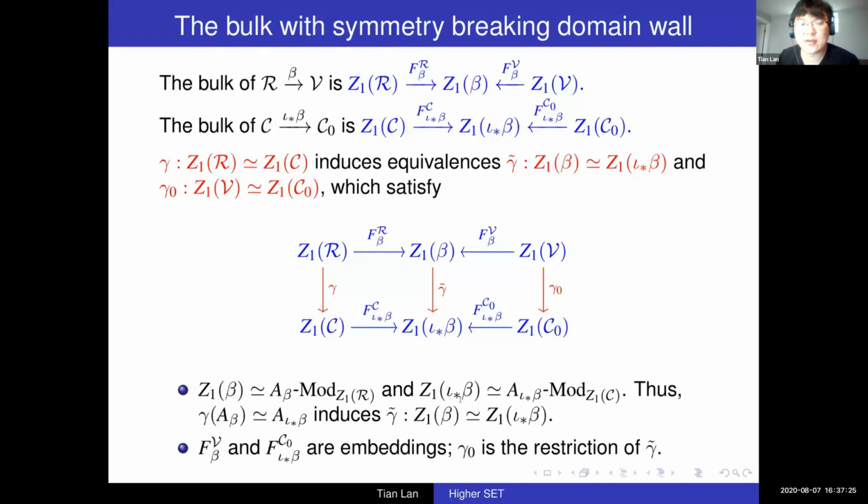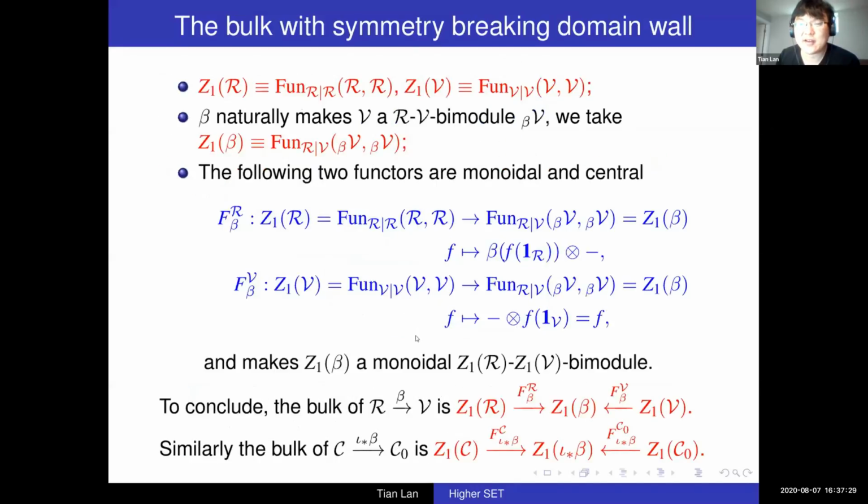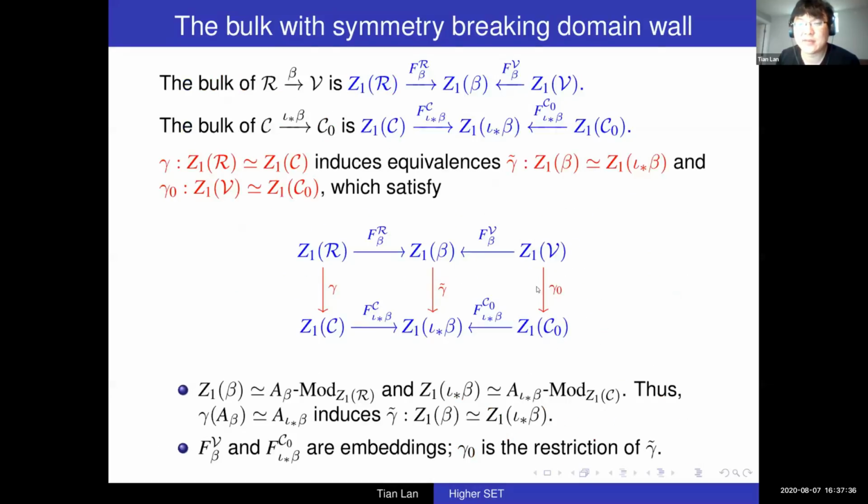And the gamma 0 is much easier, because you can see here that this functor is actually an embedding, because we are taking a special bimodule. So gamma 0 is just a restriction of this gamma tilde. Okay, so that's the second application, the symmetry breaking of the bulk.